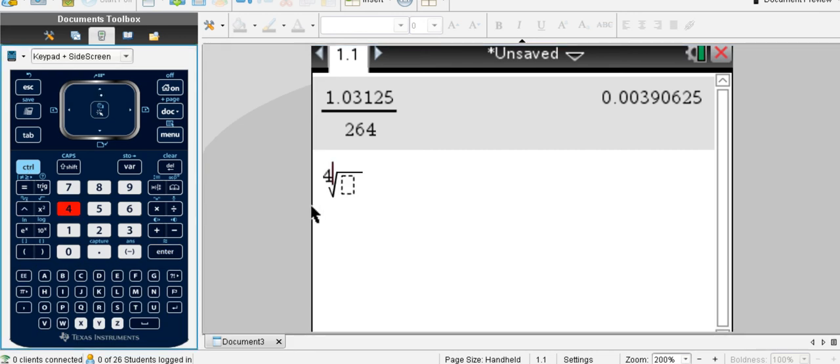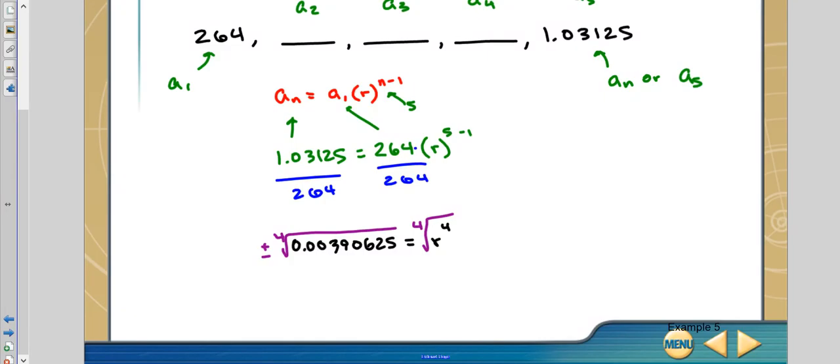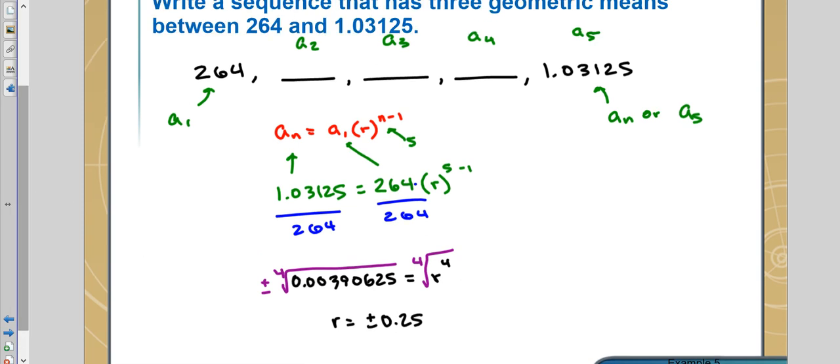Now I can type in fourth root. And for this, I'm going to type in the actual answer right there. And so it just copies it straight down. When I take the fourth root, I find out that I'm multiplying these by 0.25. So r would equal plus or minus 0.25.